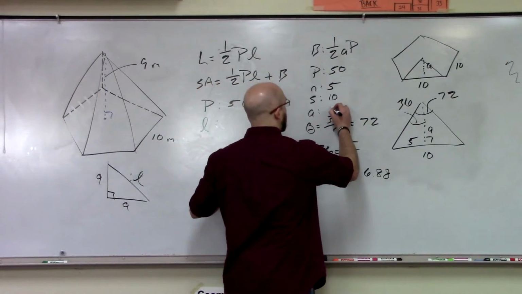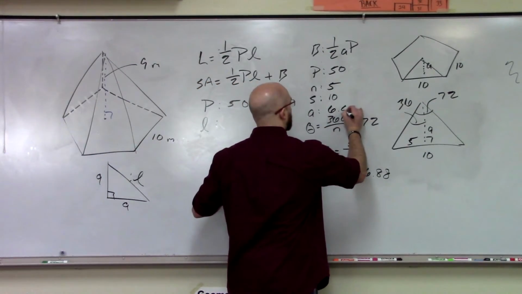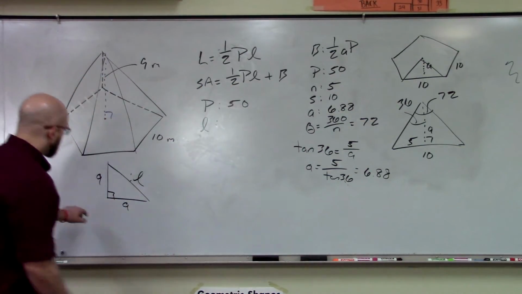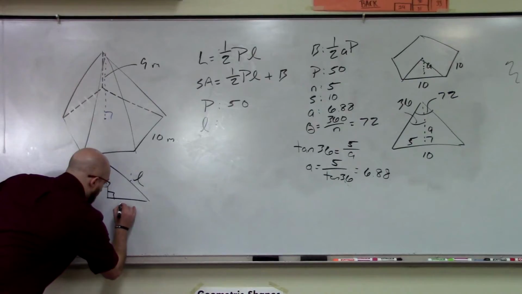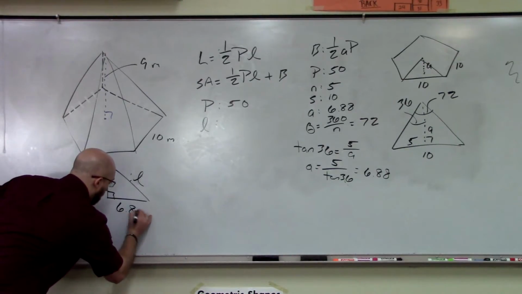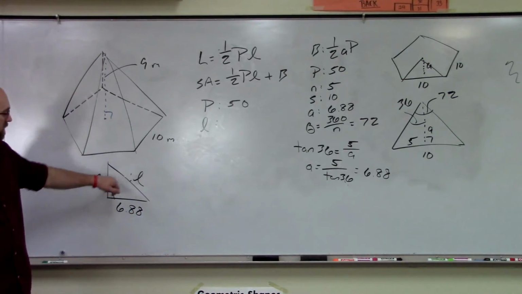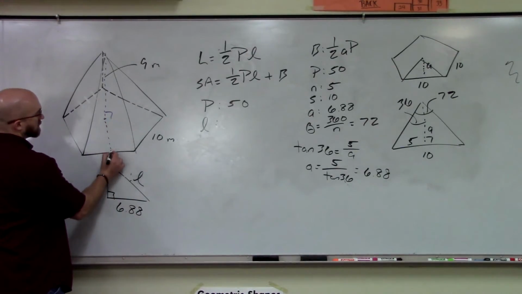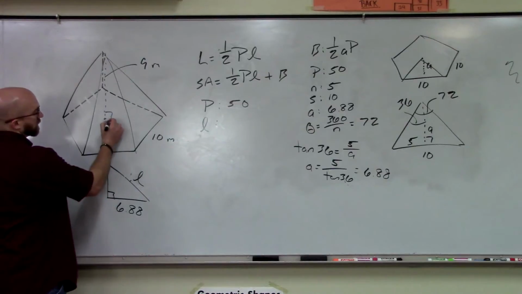That goes here. All right, so that means that comes over here. To find L, it's a right triangle. Okay, because remember, that's this. Or sorry, let's go like this.